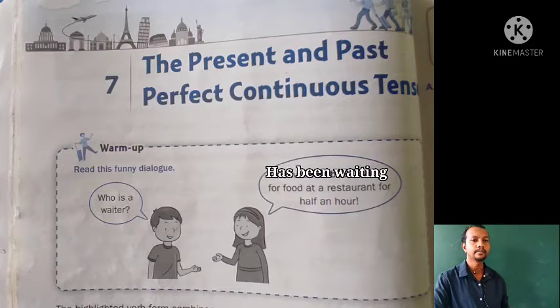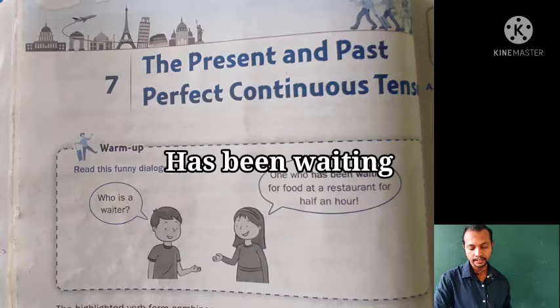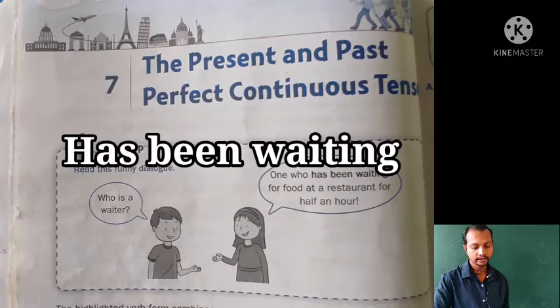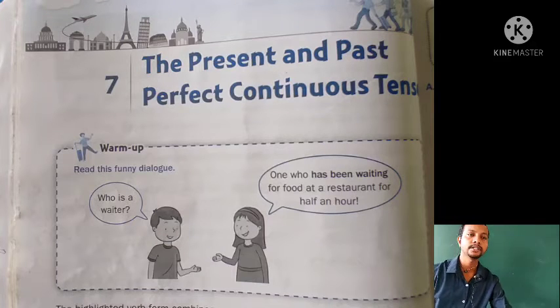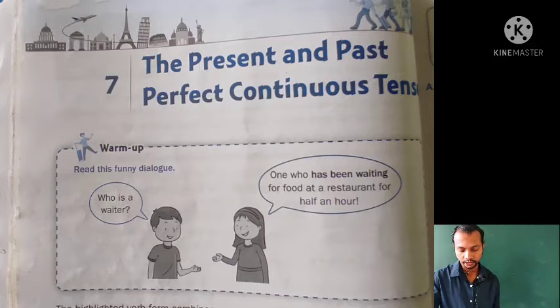Okay, it is made bold. That means the answer that we are trying to see, like what is present perfect continuous tense or past perfect continuous tense, is somewhere hidden in this particular sentence.